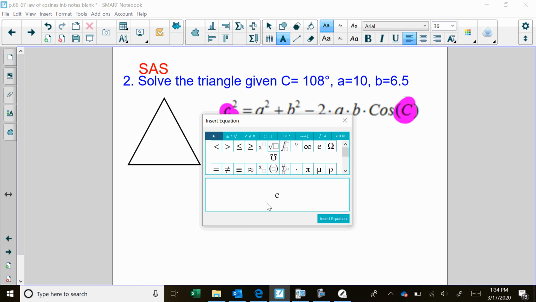So C squared is going to equal 10 squared plus 6.5 squared minus 2 times 10 times 6.5 cosine of the angle measure they gave us, which was 108 degrees.